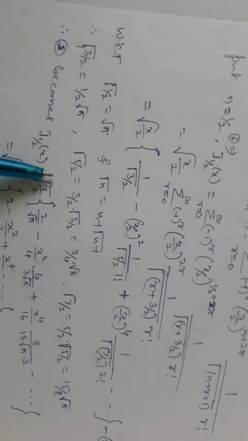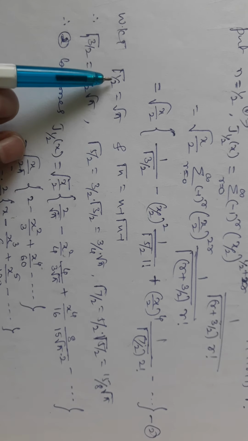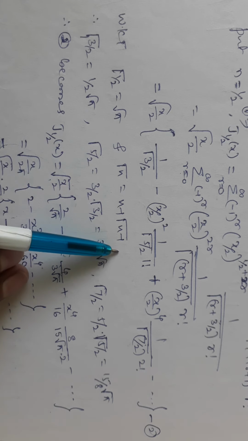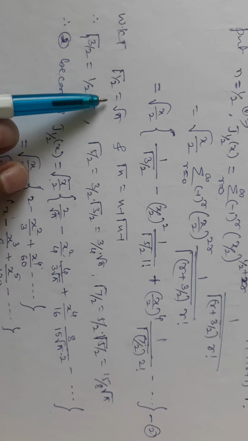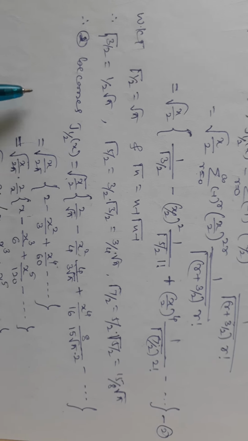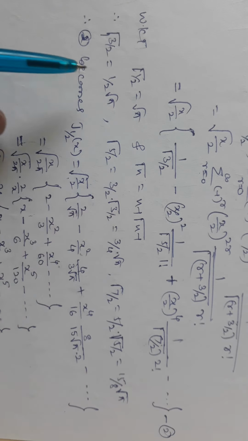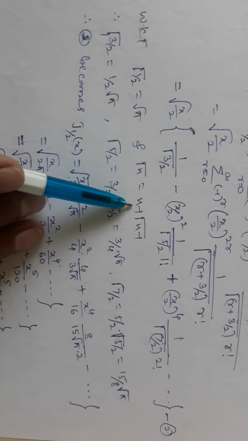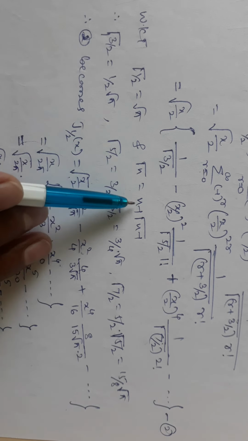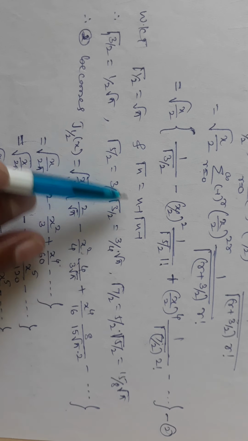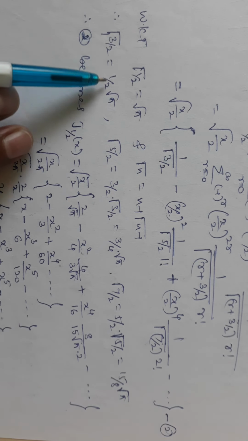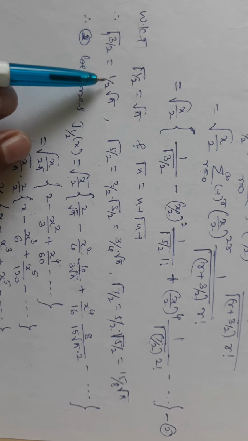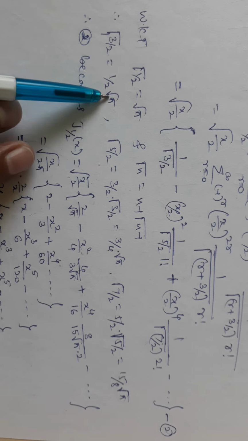Now using the definition of gamma function, that is gamma of n is (n minus 1) into gamma of (n minus 1), and gamma of half is root pi. Therefore gamma of 3 by 2 can be written as, considering this as n, (3/2 minus 1) is 1 by 2, and gamma of 1 by 2 is root pi, therefore gamma of 3 by 2 is 1 by 2 into root pi.